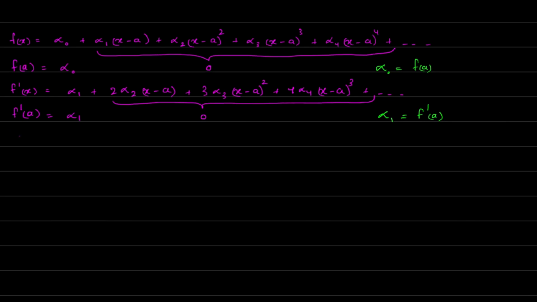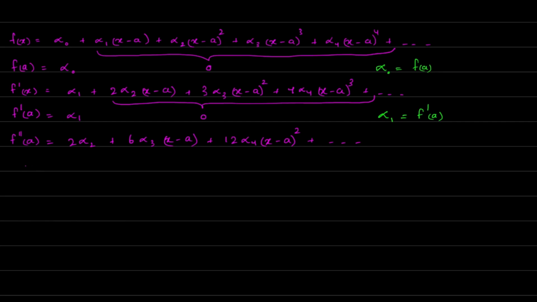Now, similarly, let's take the second derivative. So, f''(x) is equal to, alpha 1 disappears, so we just get 2 alpha 2 plus 6 alpha 3 (x minus a) plus 12 alpha 4 (x minus a) squared, and that continues.